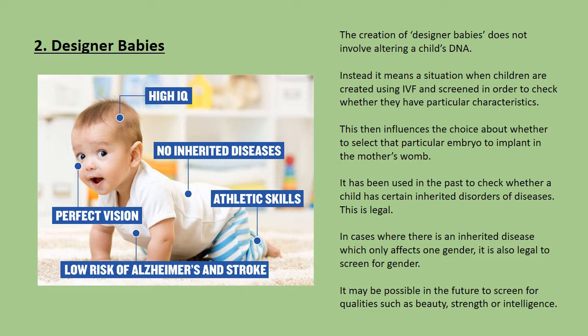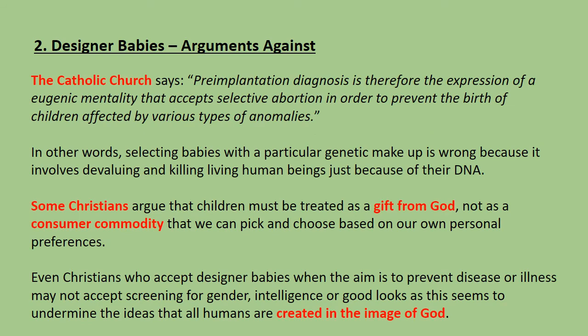I'm quite proud to wear glasses. I wouldn't want to have been genetically got rid of because I haven't got perfect vision. It seems offensive to people who are short-sighted to me. But there we go. Let's look at some of the arguments against.